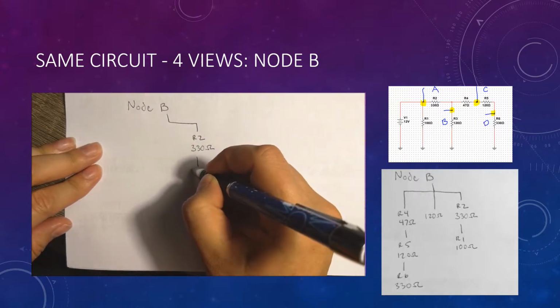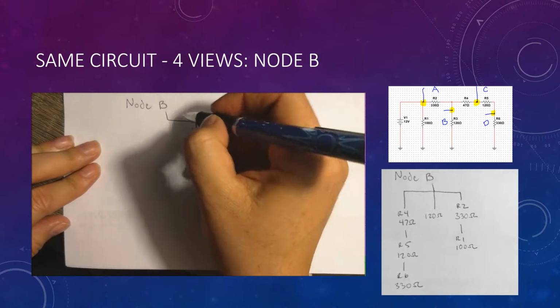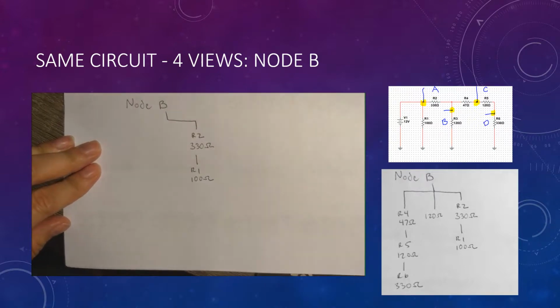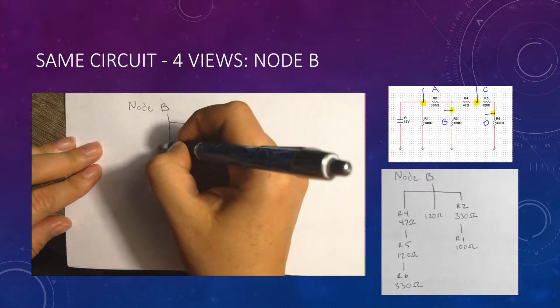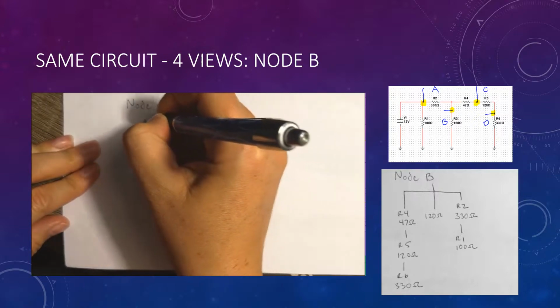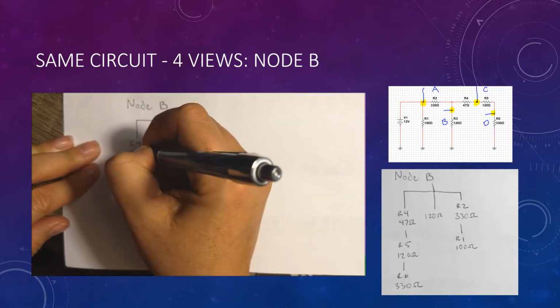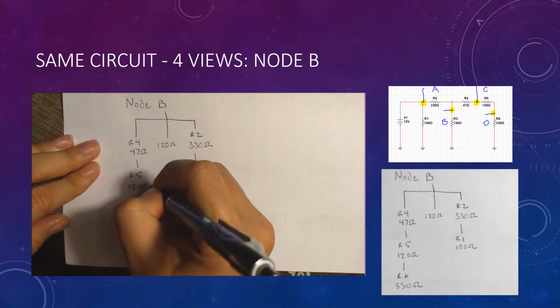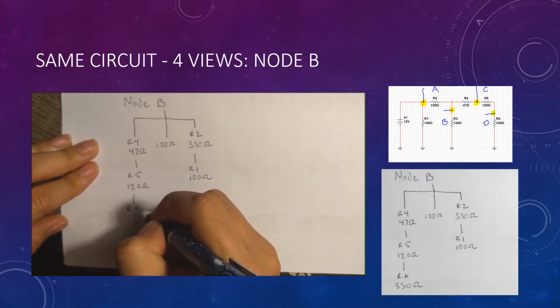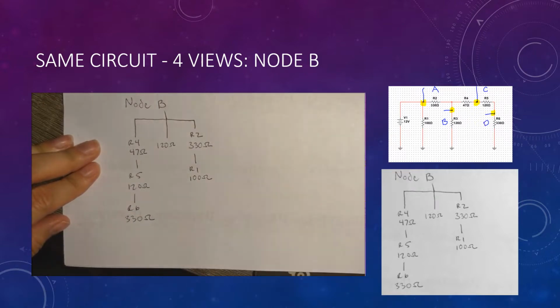R2 at 330 ohms, going down to R1 at 100 ohms, we have a 120 ohms branch at R3, and R4 at 47 ohms in series with R5 at 120 ohms and R6 at 330 ohms.